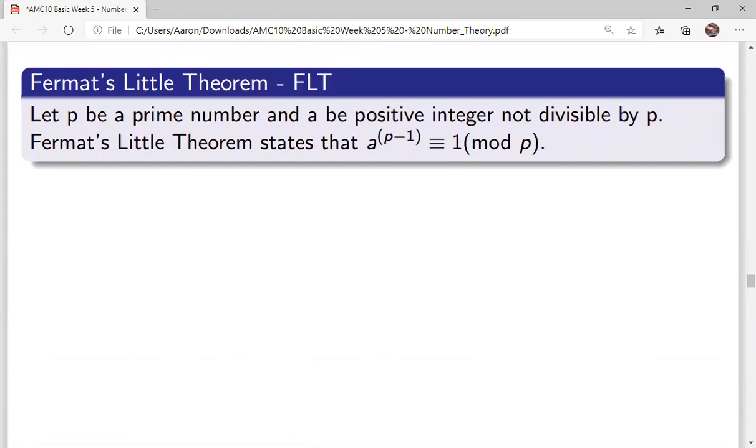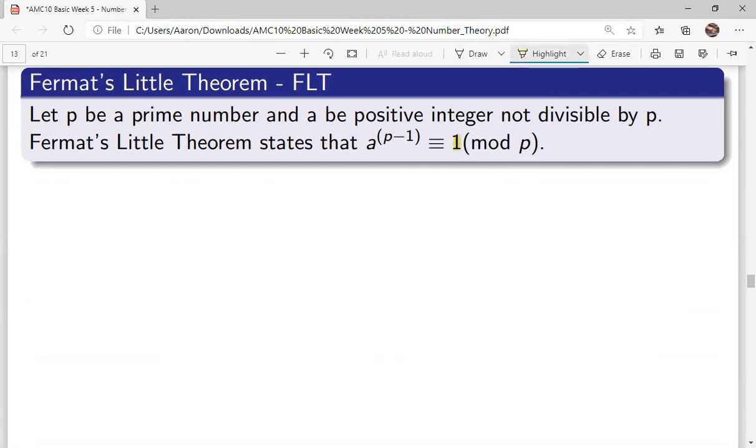And so let p be a prime number and let a be a positive integer that is not divisible by p. Then Fermat's Little theorem states that a to the power of p minus 1 is congruent to 1 mod p. And the reason it says a is not divisible by p is because otherwise this would be 0 for clear reasons.